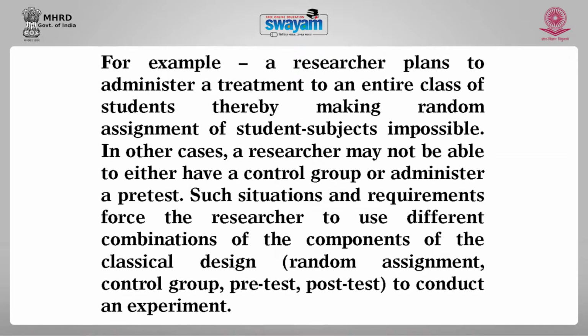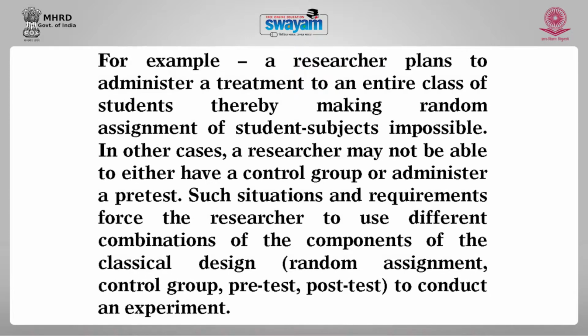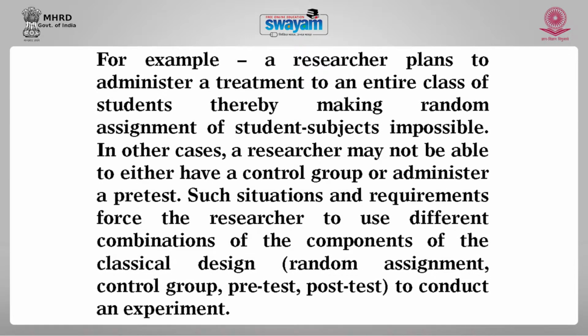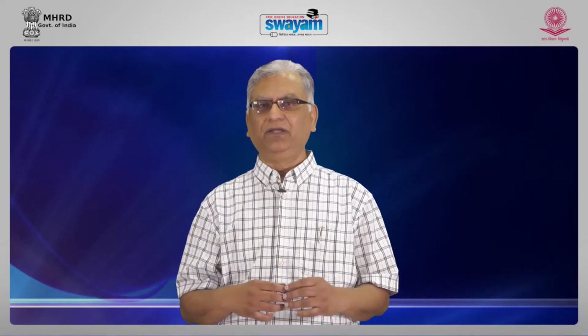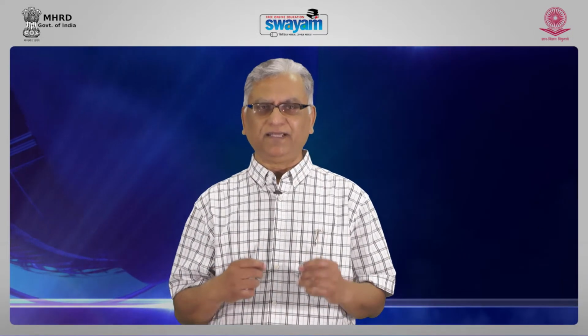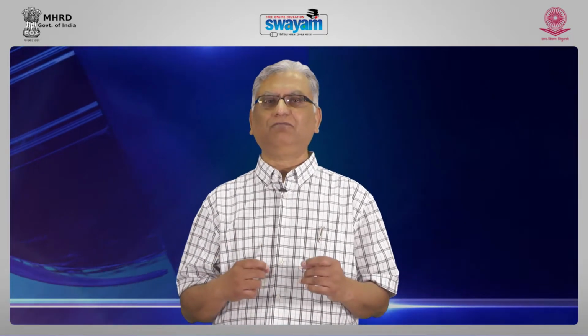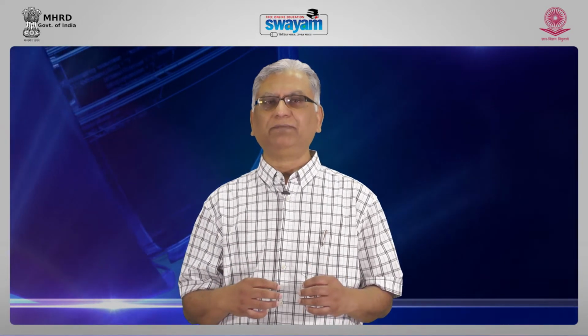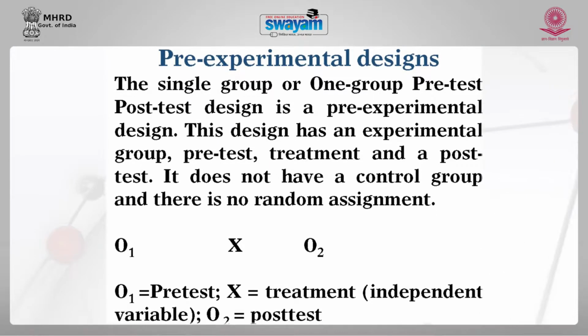Such situations and requirements force the researcher to use different combinations of the components of the classical design to conduct an experiment. Because these are compromise designs, the researcher should provide enough justification for their selection and state its limitations.